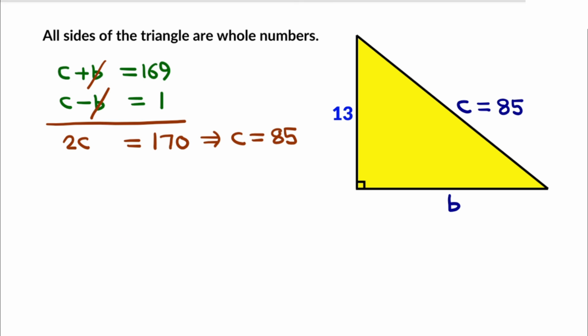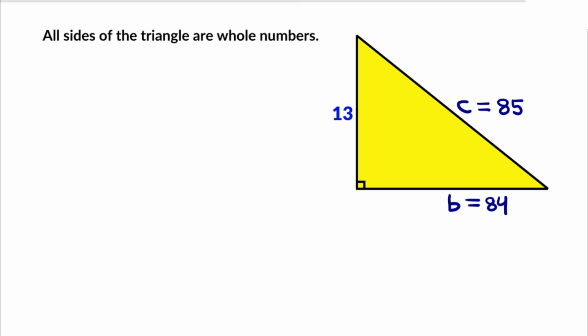Now substitute that into c minus b equals 1. 85 minus b equals 1. So b equals 84. Look at what we found. The triangle's three sides are 13, 84, and 85, one of the most famous Pythagorean triples.